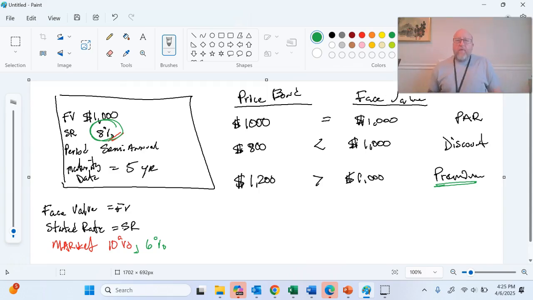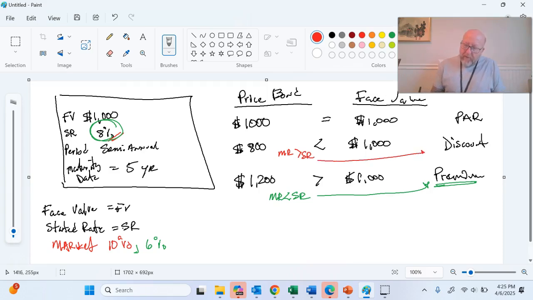Okay? And so we're going to increase the price because we have all these individuals wanting to purchase our bond. Okay? So when the market rate is less than the stated rate, we are going to sell at a premium. And then alternatively, when the market rate is greater than the stated rate, we are going to sell at a discount.